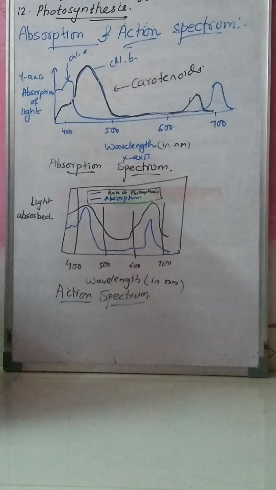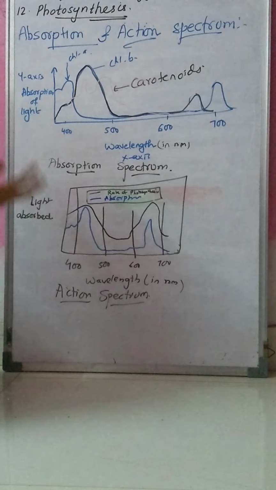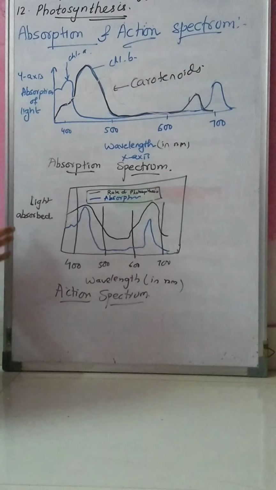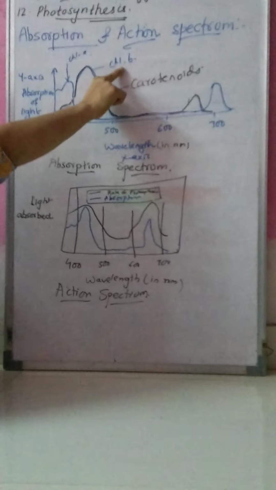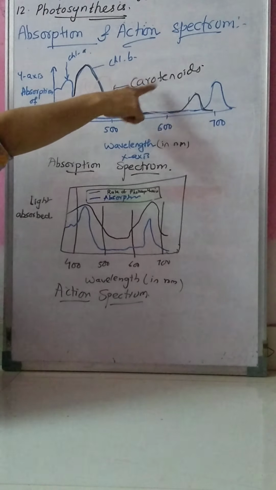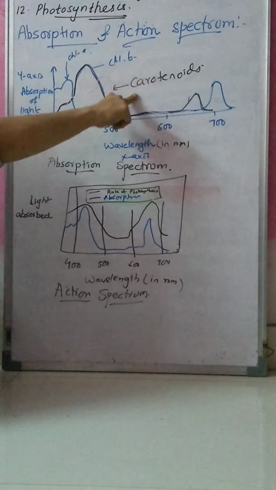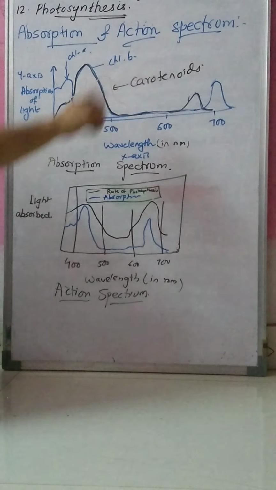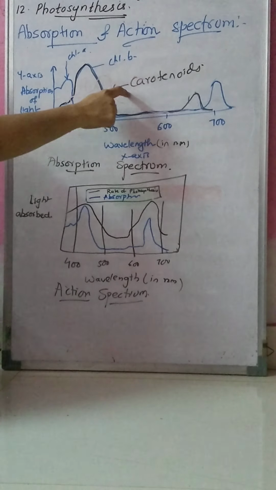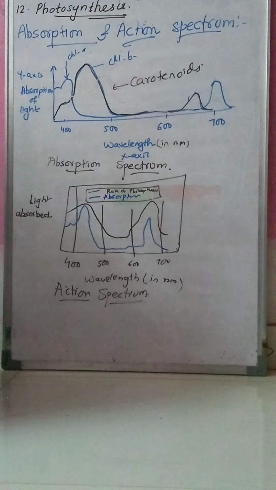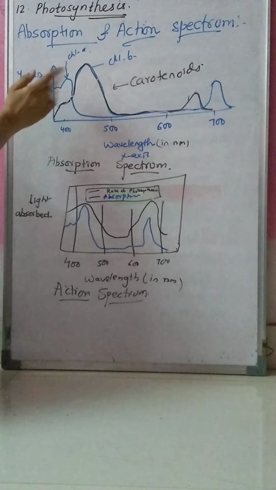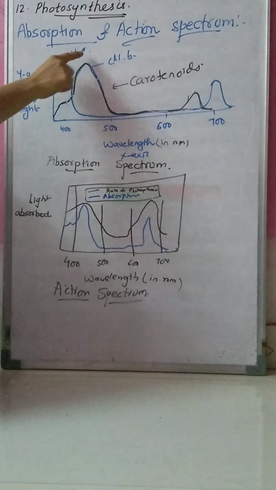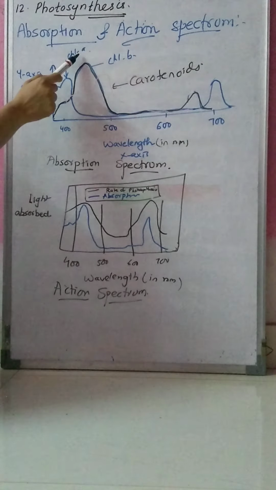The other pigments, chlorophyll B and the carotenoids, which are two, carotene and xanthophyll, absorb the photons and transfer the light energy to chlorophyll A.